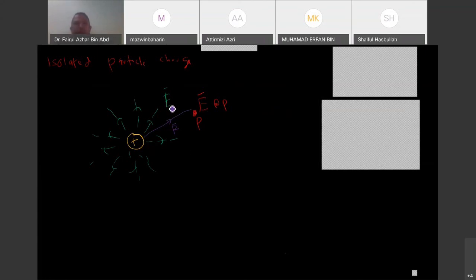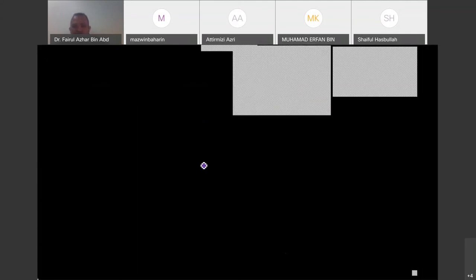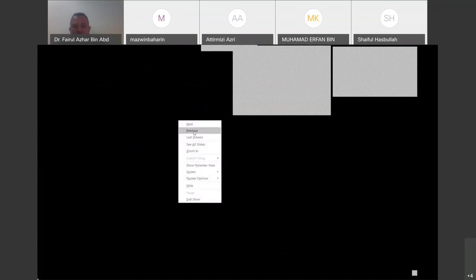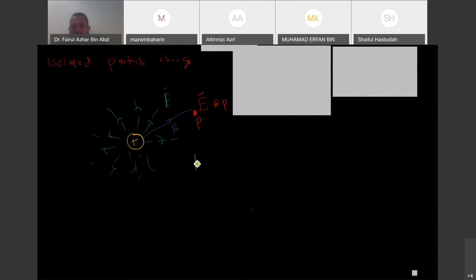Okay. So one technique that we can use in order to derive our E expression is by using Coulomb's law. Coulomb's law said that the electric field intensity produced by any charge at a certain position can be calculated by using this expression.